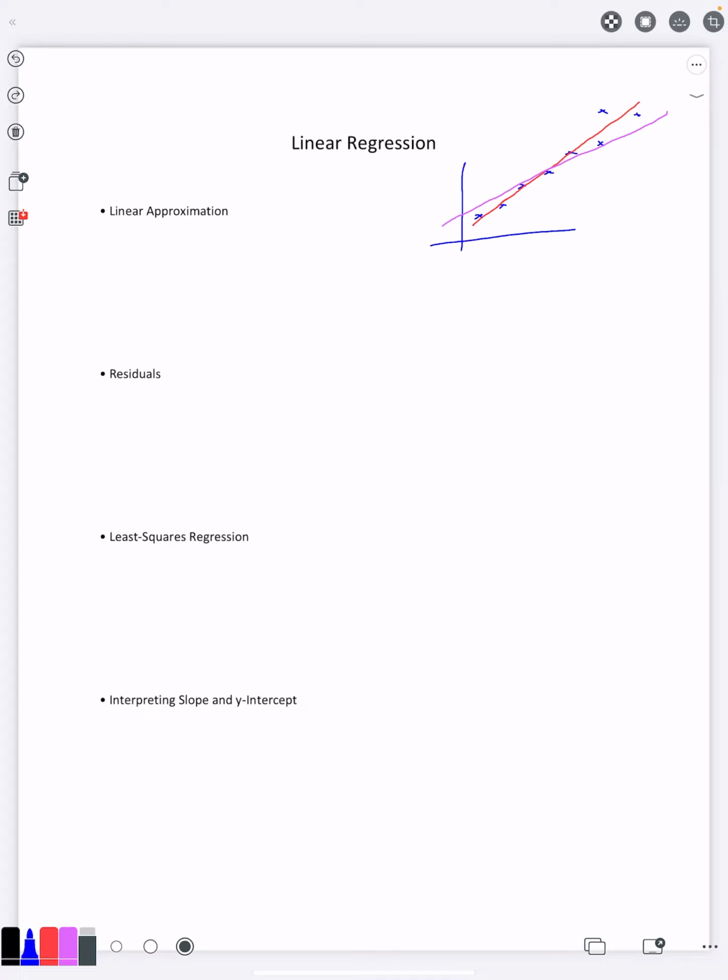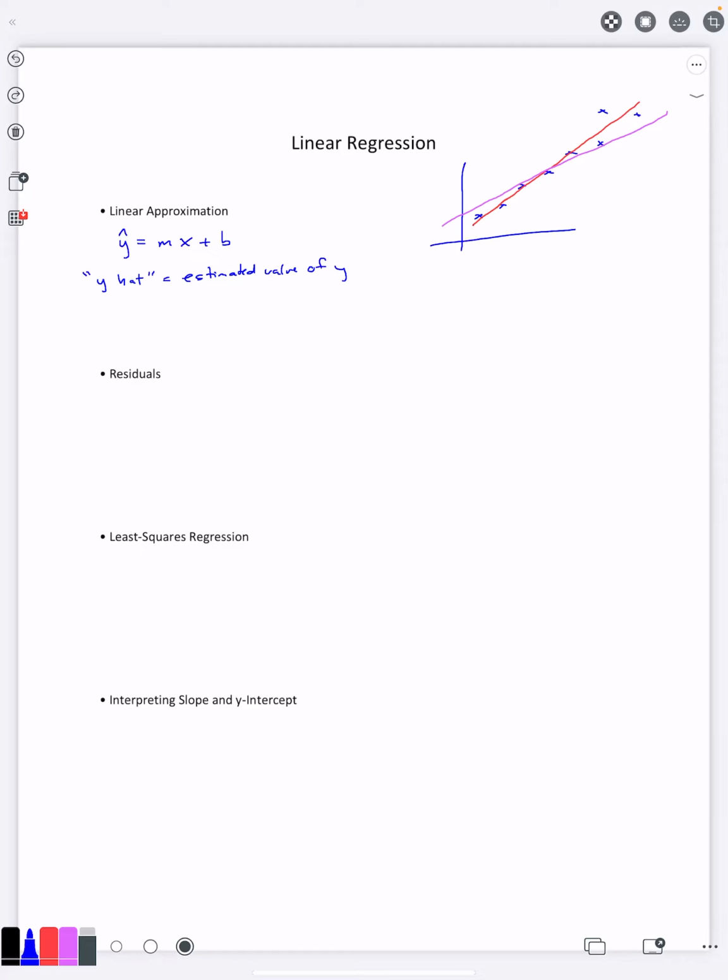So first off, let's talk about a linear approximation in general. And you may remember y equals mx plus b from algebra classes. So this is like your equation for your linear approximation. Now, the thing is I'm not using just y here. I'm using y with this extra symbol on it, which we call y hat. And that's going to be the estimated value of y.